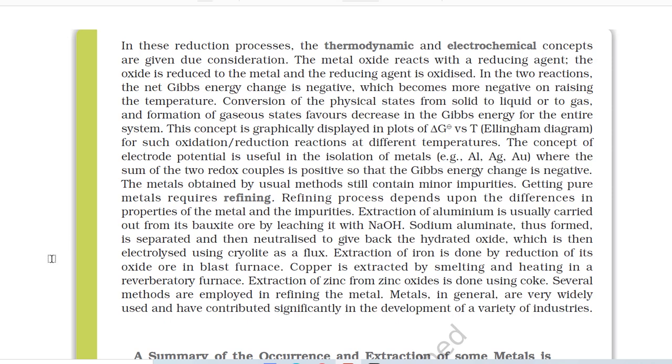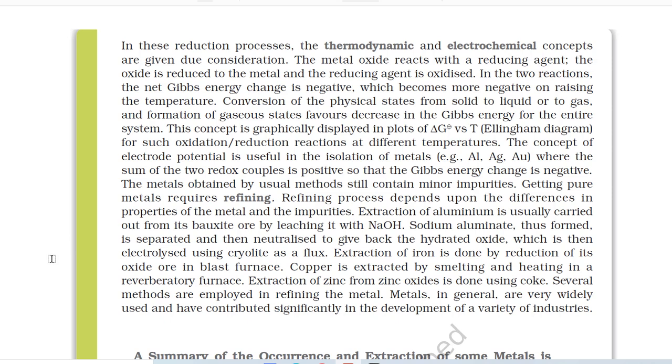Conversion of the physical states from solid to liquid or to gas and formation of gaseous states favors decrease in the Gibbs energy for the entire system. This concept is graphically displayed in plots of delta G naught versus temperature in the Ellingham diagram for such oxidation reduction reactions at different temperatures.